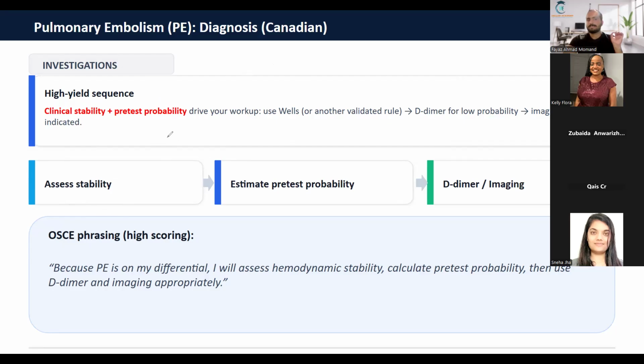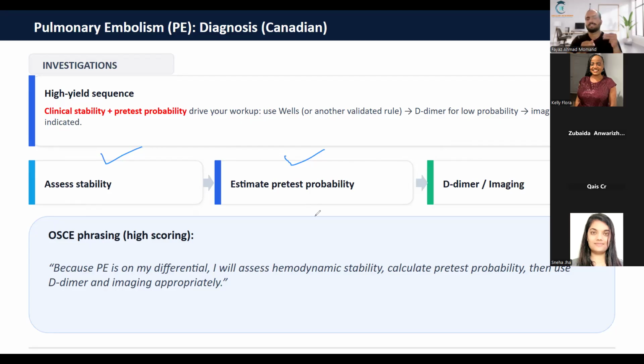For pulmonary embolism in exam, assess patient stability, estimate pretest probability using Wells score or another criteria. For a quick assessment, think of it like this. Is pulmonary embolism the likely diagnosis? Or like this, is the patient's chest pain or symptoms not explained by anything else?